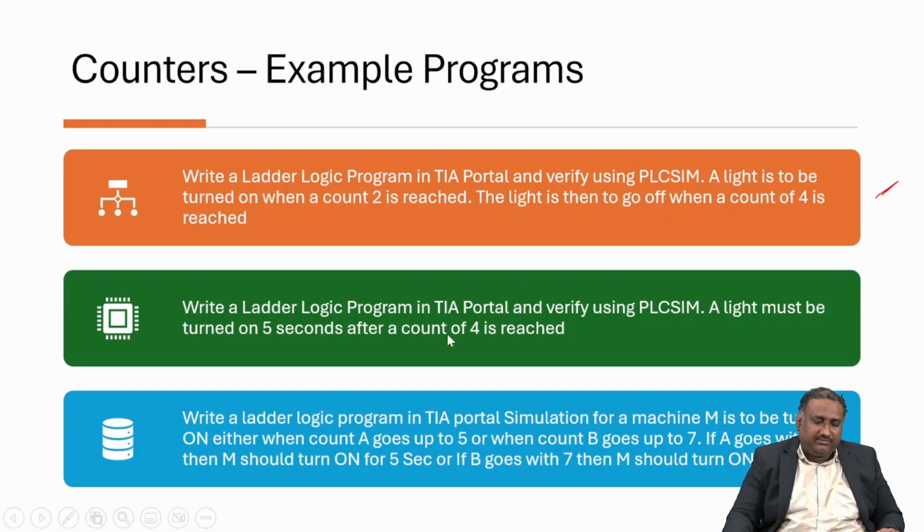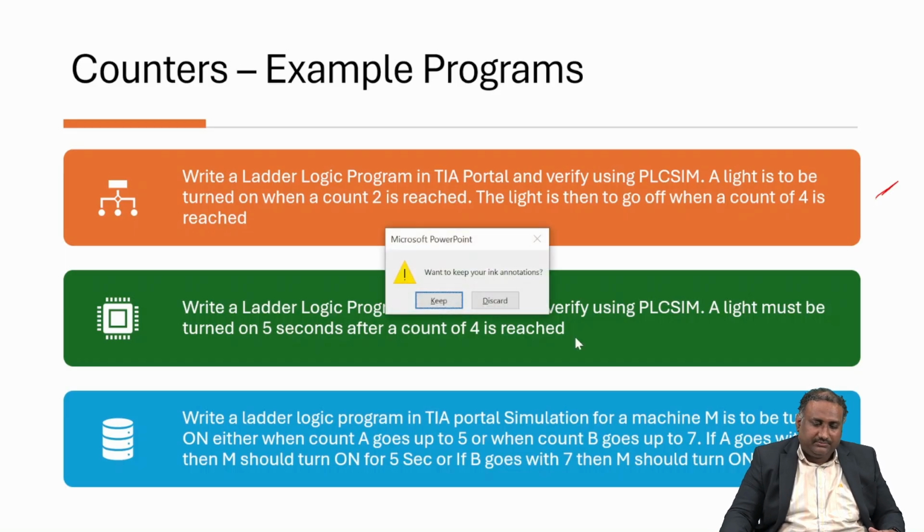Write a ladder logic program which turns on the light for 5 seconds when the count of 4 is reached. So here we need to use a timer and a counter and we need to implement the logic.